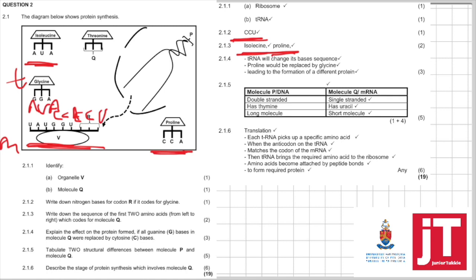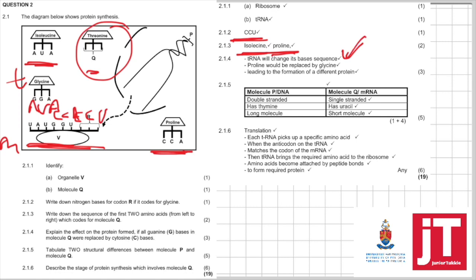Explain the effect on the protein formed if all guanine bases in the molecule Q were replaced by cytosine bases. So, the tRNA will change its base sequence, right? So we look at Q. If all the G's here were replaced by C's, we know the tRNA will change its base sequence.